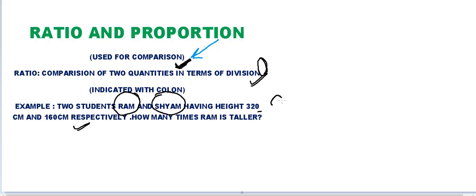Now the question arises, how many times? How many times is Ram taller? To solve such questions, ratio is a very helpful concept. If we want to know how many times Ram is taller, we must know the ratio.